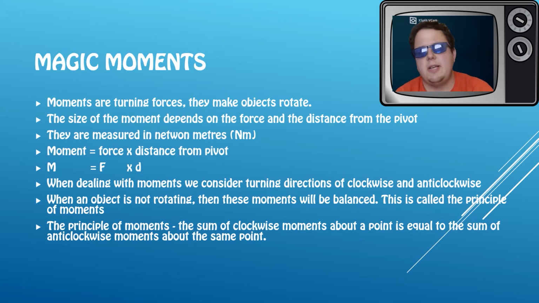Same in cars, anything basically mechanical, and it's important that you torque the bolts to the right amount, because if they're too loose, then they come apart, and if the torque is too much, then you can end up snapping the bolt or damaging the part. So to work out the moment, it's force times distance from the pivot.